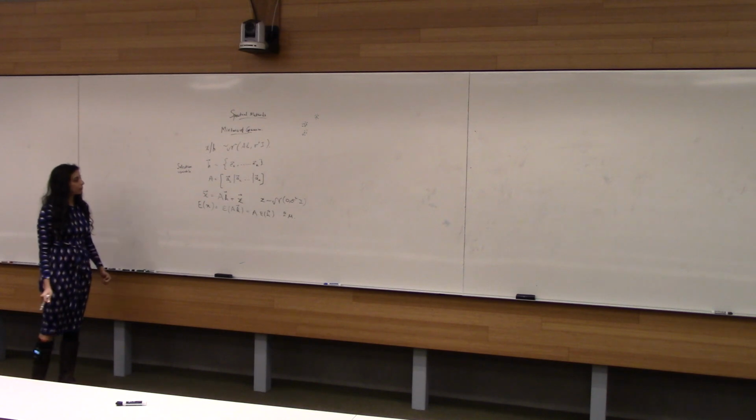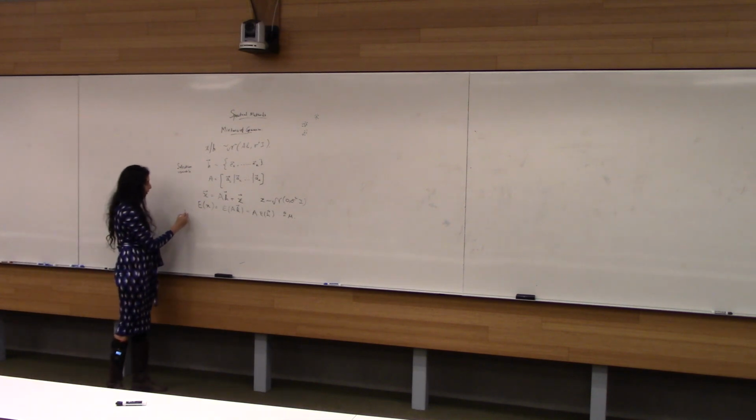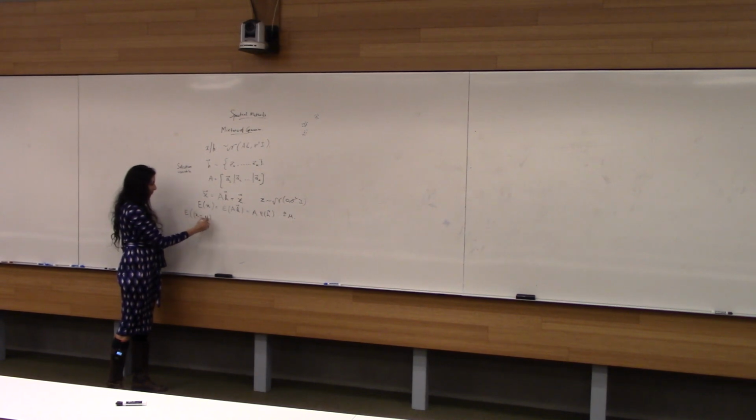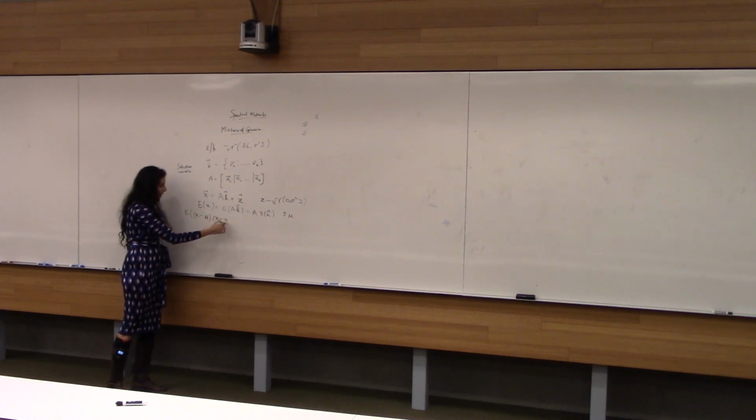So I can also compute now my variance. What would my covariance matrix look like?